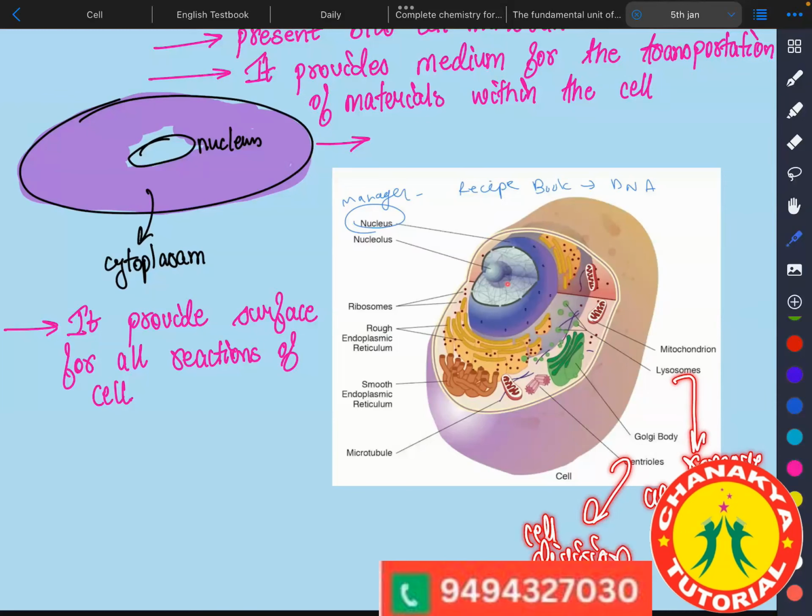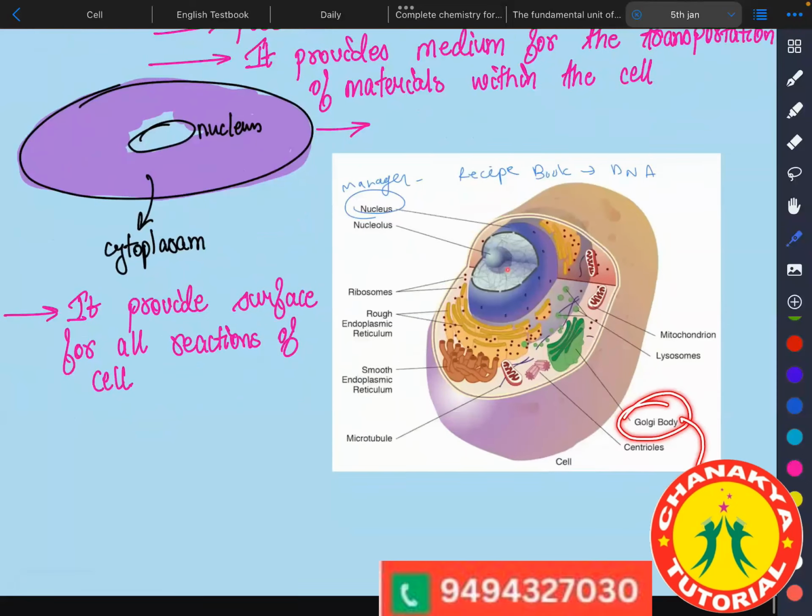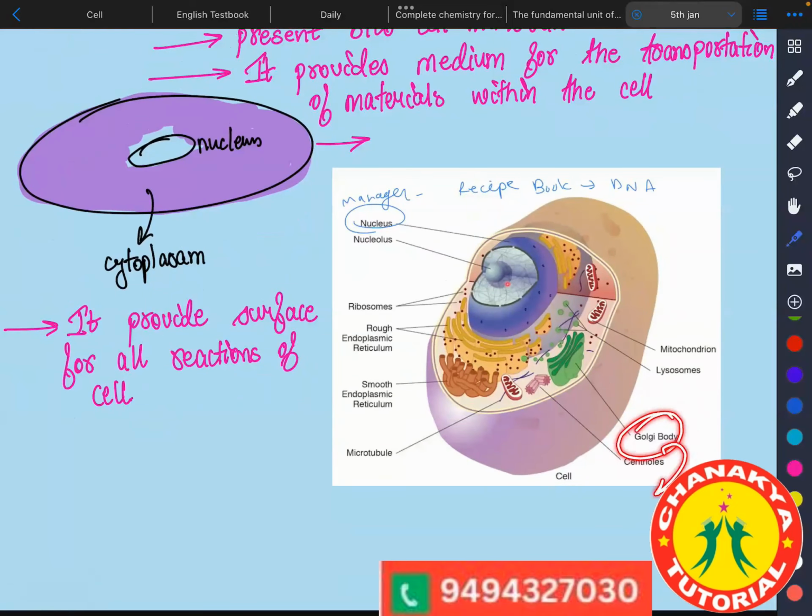Golgi bodies, what are Golgi bodies and how are they used? They make packets which transport substances. Okay, good. So basically they transport material inside the cell from one place to another.